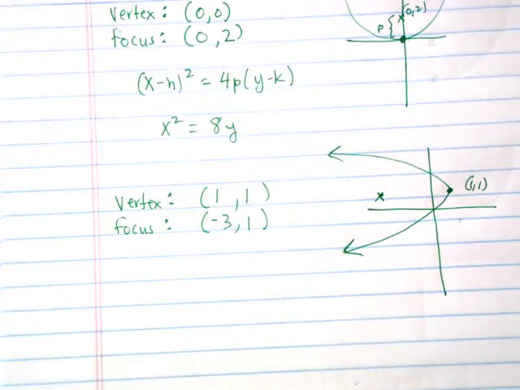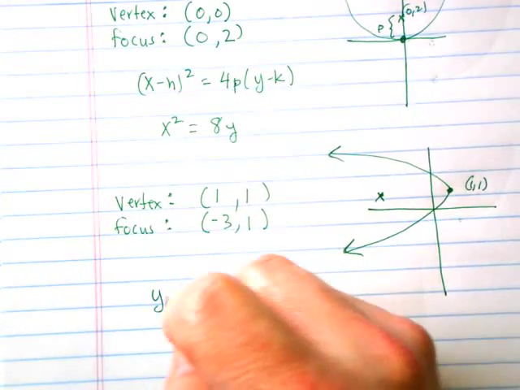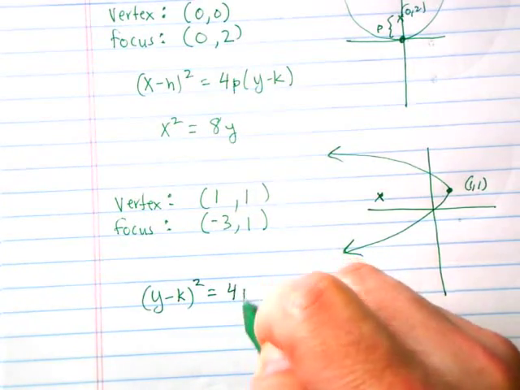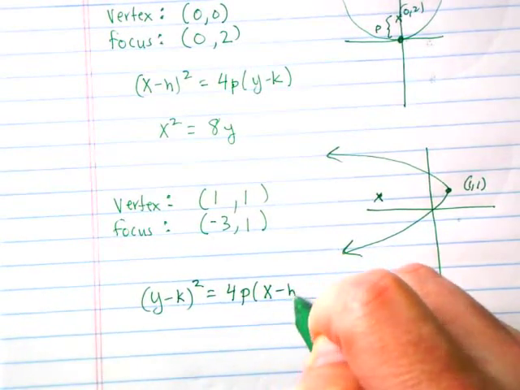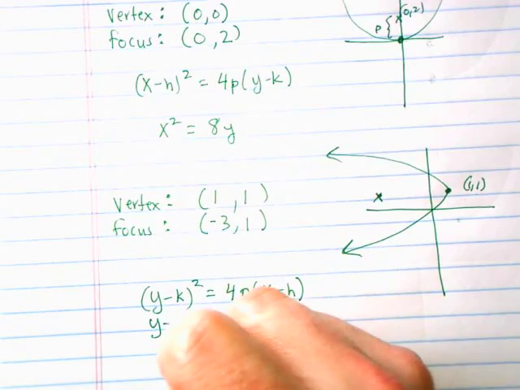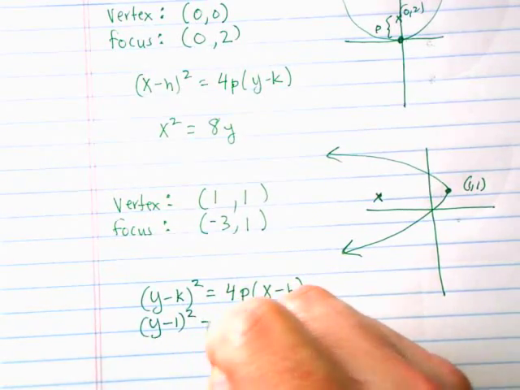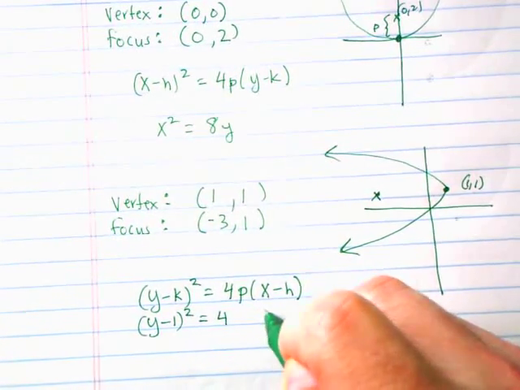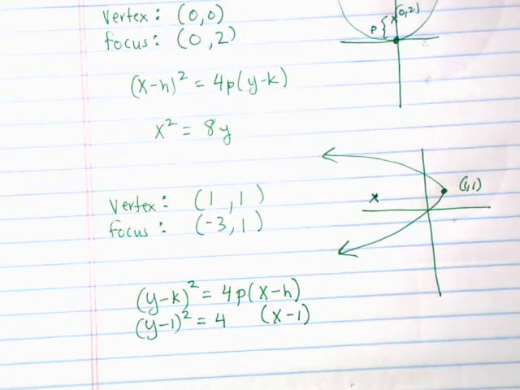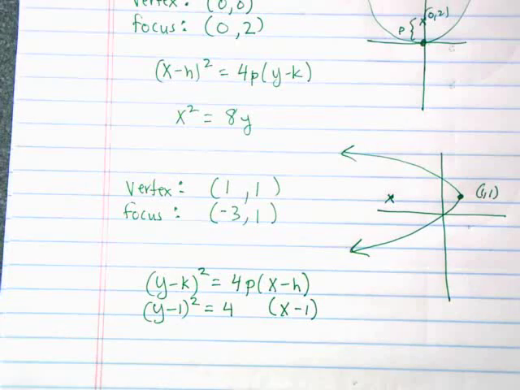Opening left, we have y squared or x squared? Y squared. So this is going to be (y − k)² = 4p(x − h). The h and k numbers are both 1. So this is going to be (y − 1)² = 4, leave a space, I'll fill in the p number in a minute, (x − 1). Well, what's the p number?